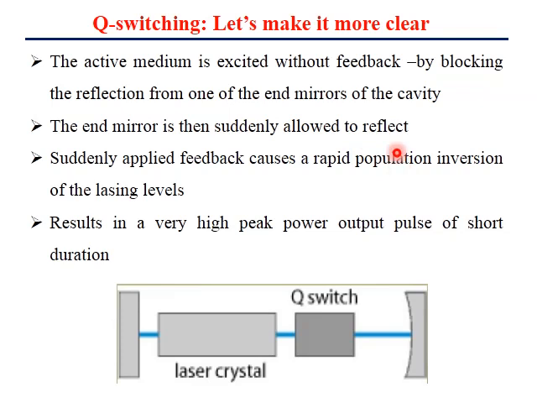Suddenly applied feedback causes a rapid population inversion of the lasing levels, and as a result we get a very high peak power output pulse of very short duration.